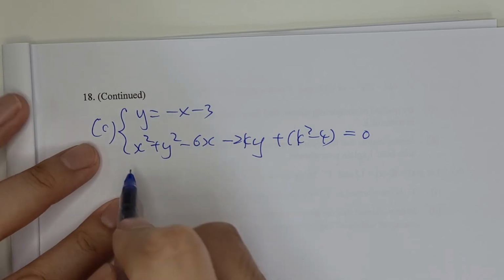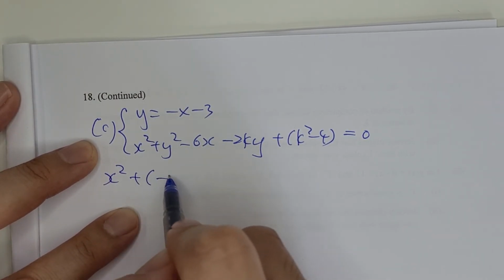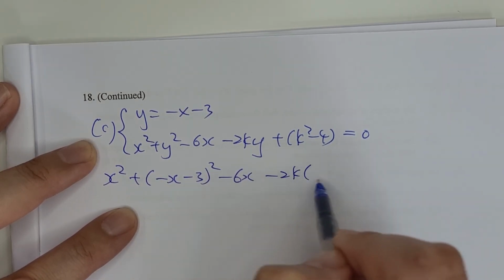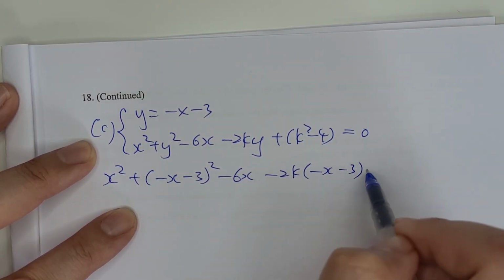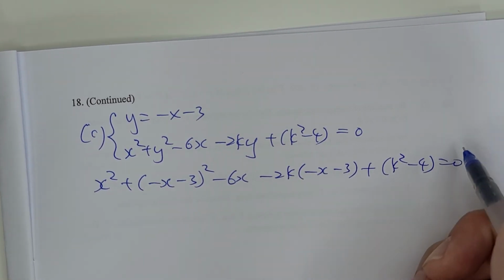Let's see what's happened. So x squared plus (-x minus 3) all squared minus 6x minus 2k(-x minus 3) plus k squared minus 4 equal to 0.